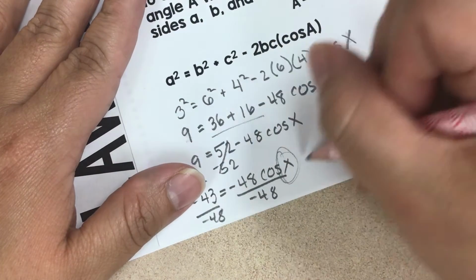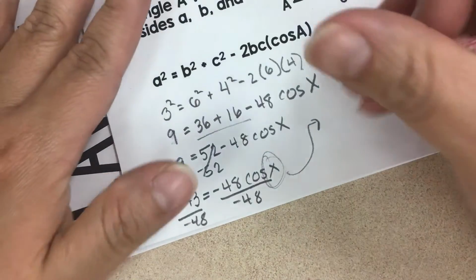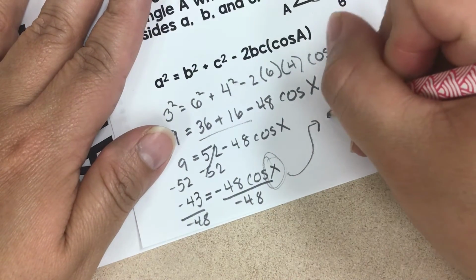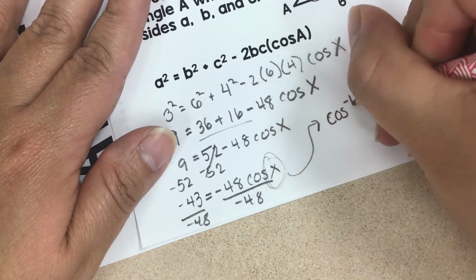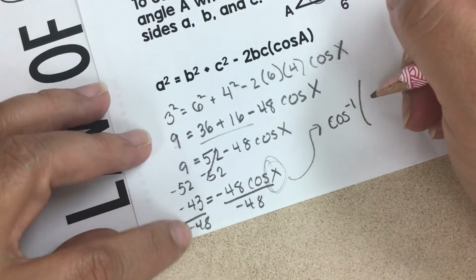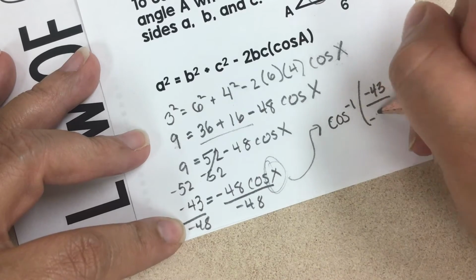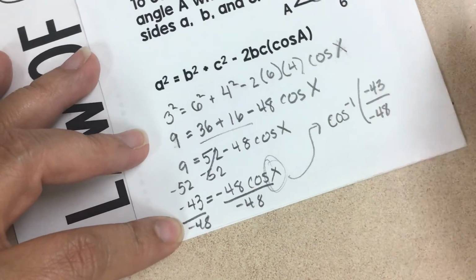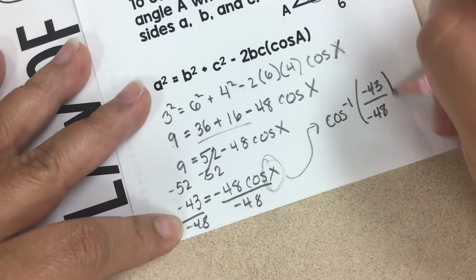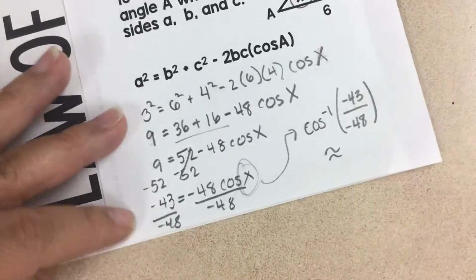Since I'm looking for an angle, what I'm going to put in the calculator is the inverse of cosine, so cosine inverse. And then I'm going to put this on here because I don't need to simplify it until I get the value approximation. So just like this, and that gives you the approximate value of that angle.